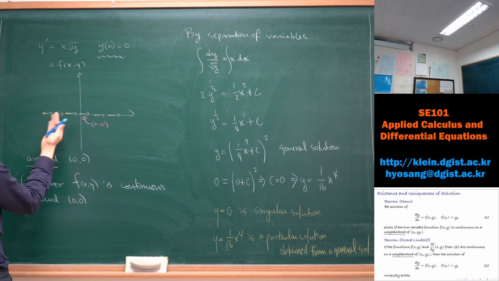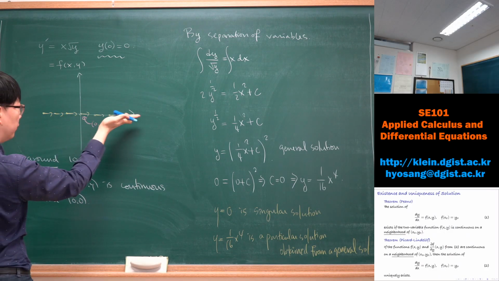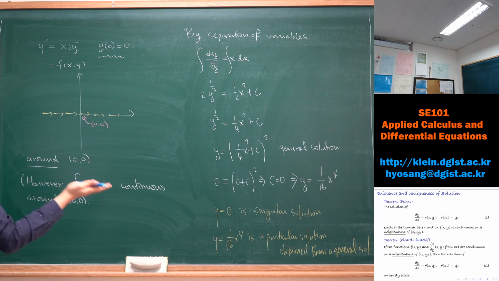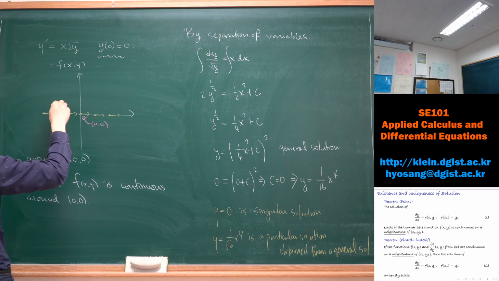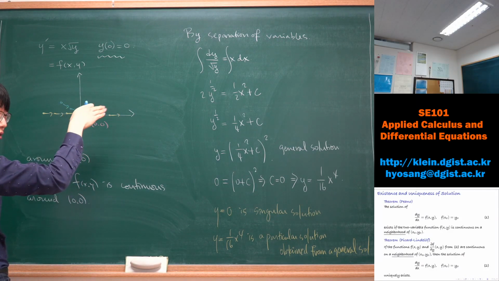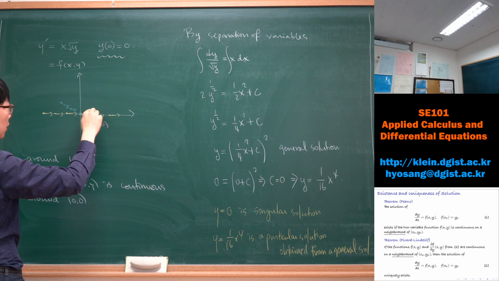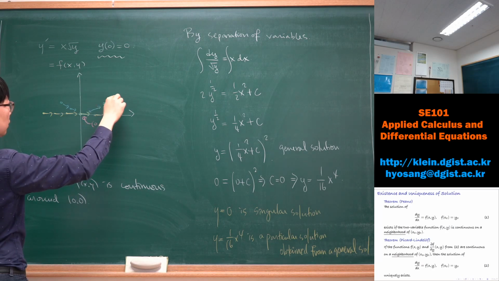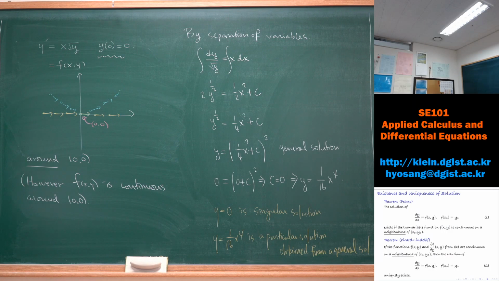One comes from the horizontal line, the x-axis, and keeps moving along the horizontal line, and the other comes from above the x-axis, and then it touches the x-axis at the origin, and then moves again to the upper part of the x-axis.